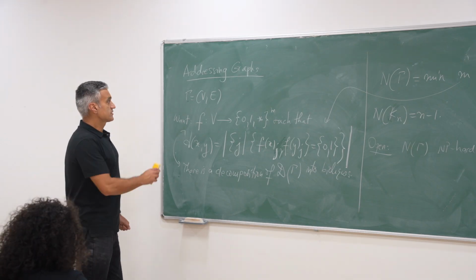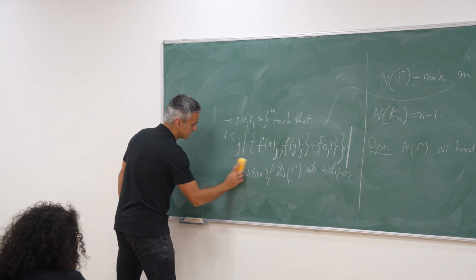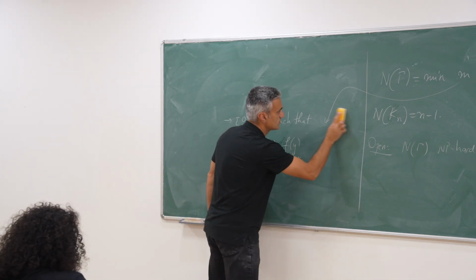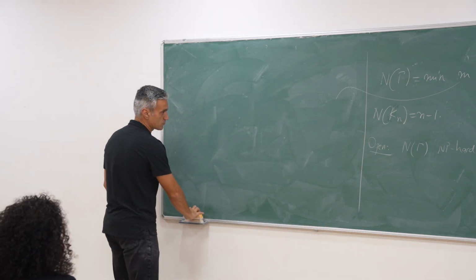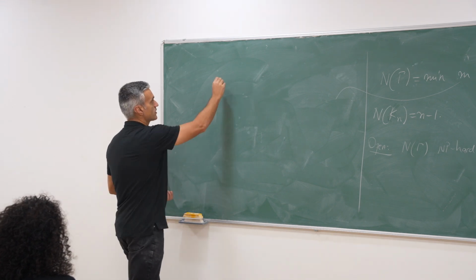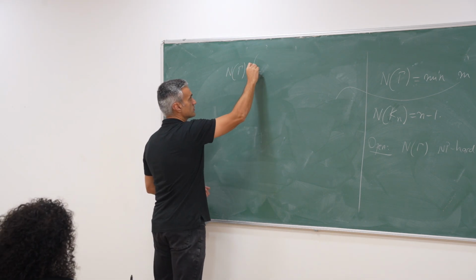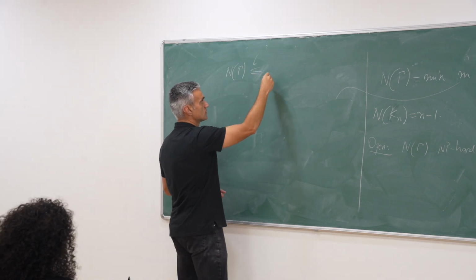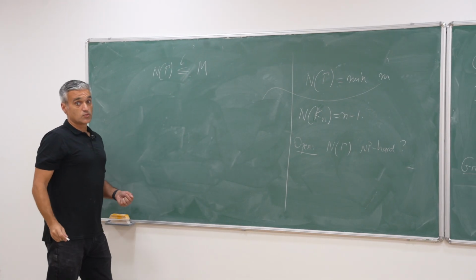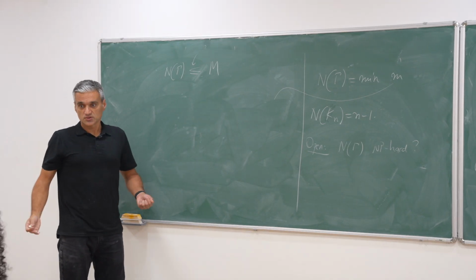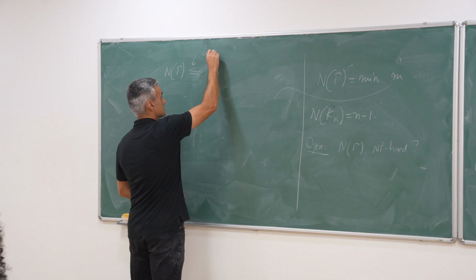So for this parameter n of gamma, if you want to prove an upper bound, say that it is at most some capital M, you need a construction. You need to tell me how to assign these addresses.